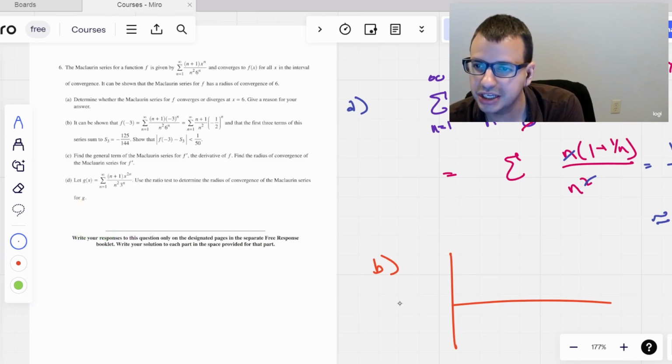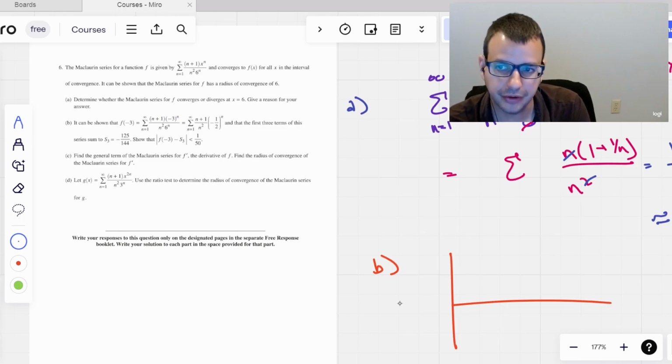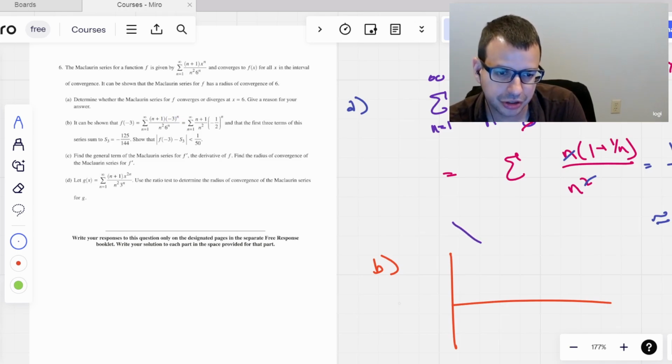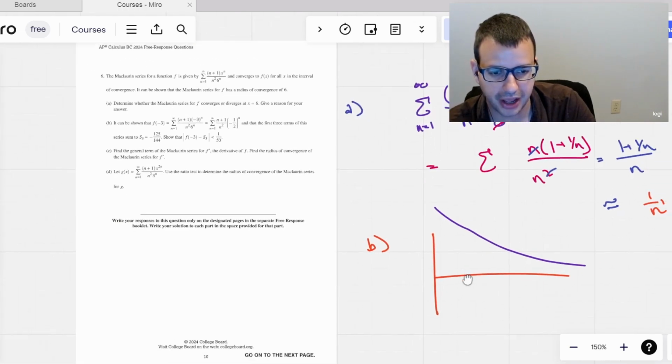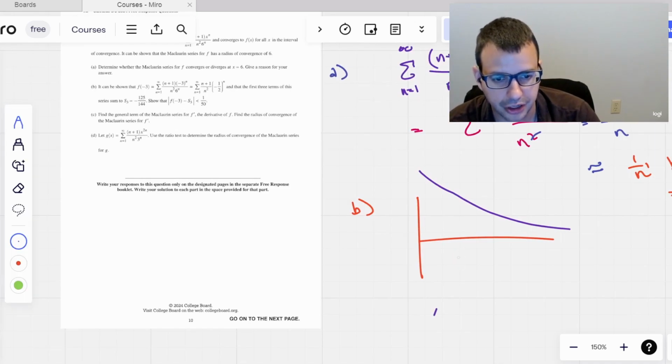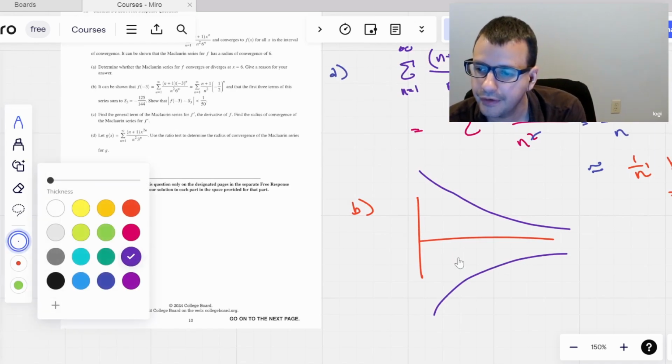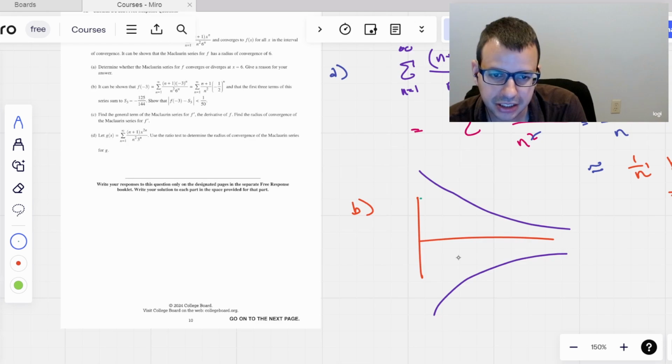This is an alternating series because we've got the negative 3. And I'm going to draw a picture of the graph, and on the other side, the negative of it. And basically you start at probably what, 1? This will be 1. This will be 2.